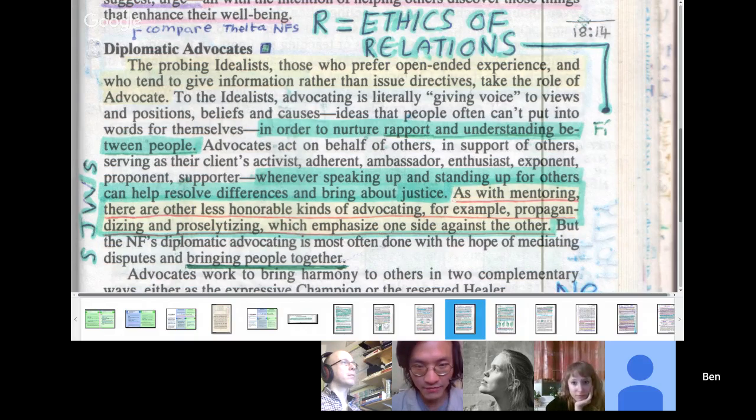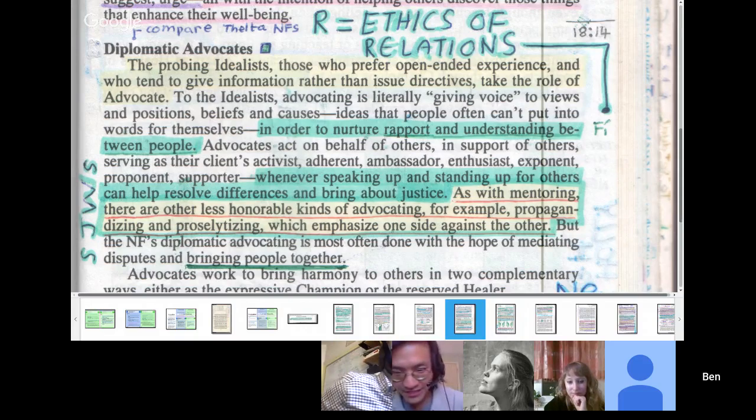Advocates act on behalf of others, in support of others, serving as their clients, activists, adherent, ambassador, enthusiast, exponent, proponent, supporter, whenever speaking up and standing up for others can help resolve differences and bring about justice. As with mentoring, there are other less honorable kinds of advocating, for example, propagandizing and proselytizing, which emphasize one side against the other. But the NF's diplomatic advocating is most often done with the hope of mediating disputes and bringing people together.